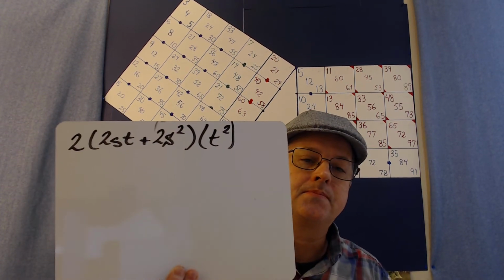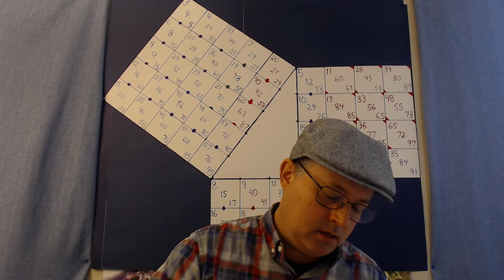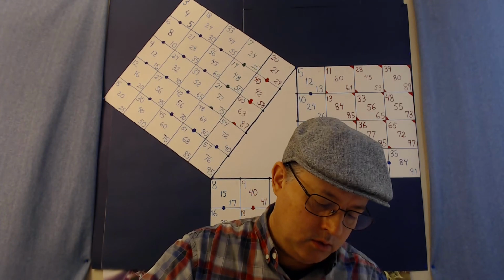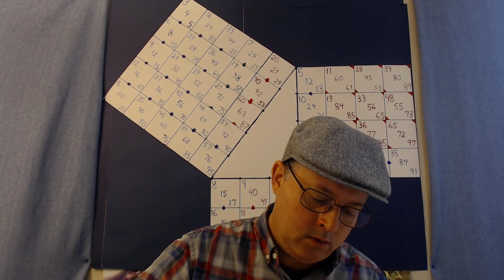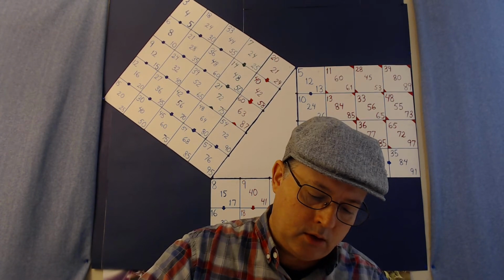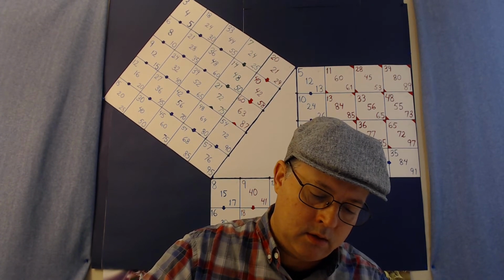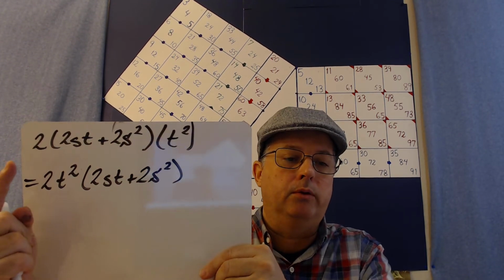Okay, and let's move the t squared next to the 2. So we have 2t squared and then 2st plus 2s squared. So we wrote the t squared here with the 2. And now then we're going to distribute.